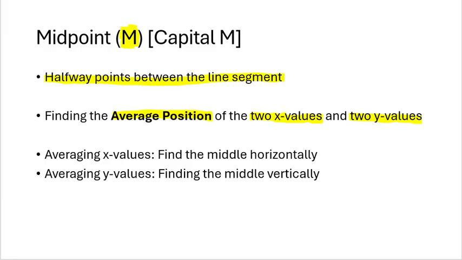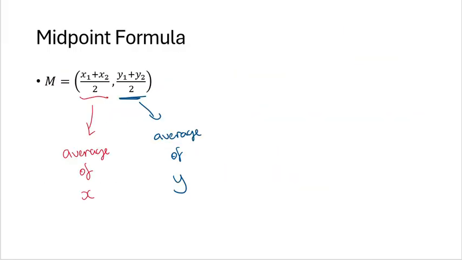When you're averaging the x values, you're finding the middle point horizontally, because remember your x and y axis: x is the horizontal, y is the vertical, and for the y values you're finding the middle vertically. There's a formula that we use to determine that. This is the formula right here.